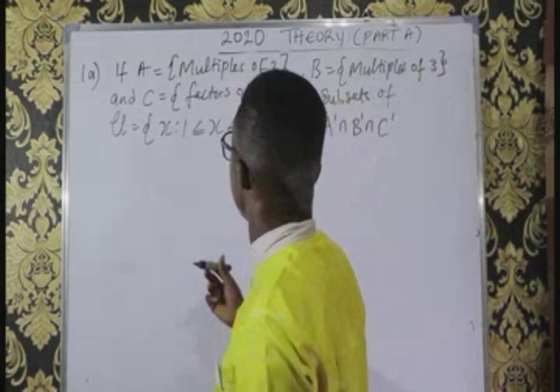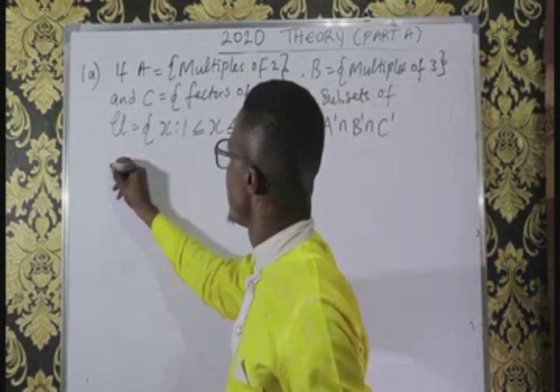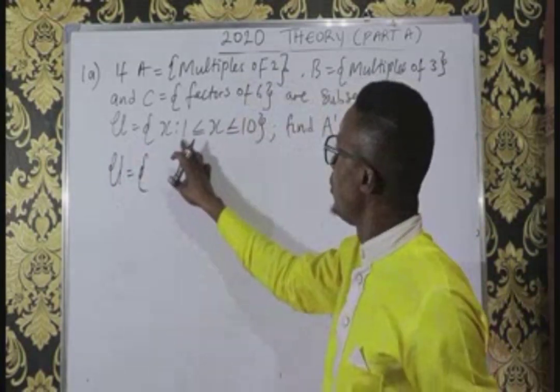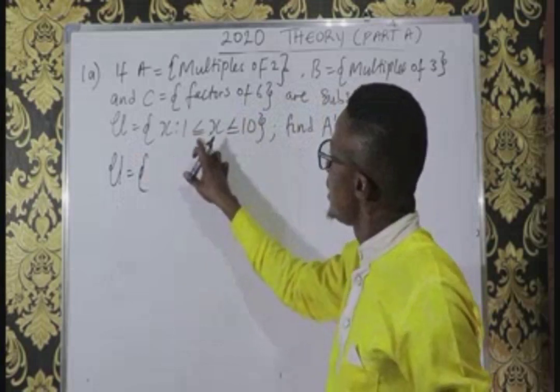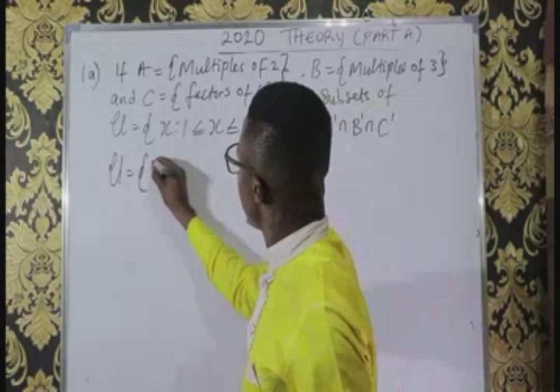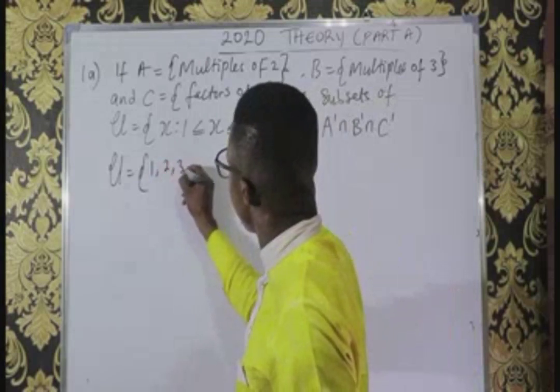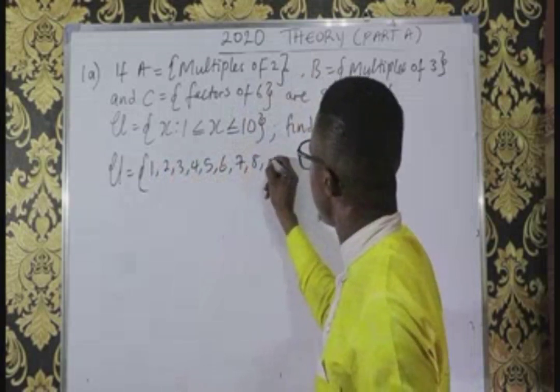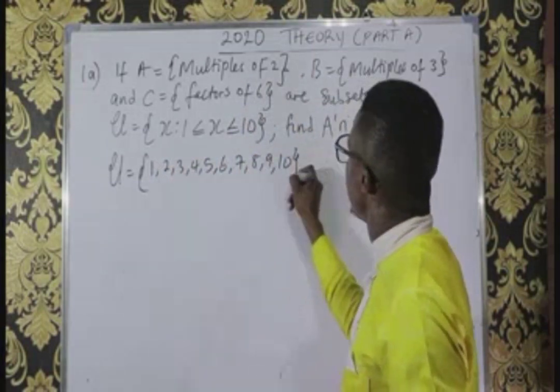To do that, first of all, let us get our universal set. Our universal set lies from 1 to 10, since it is inclusive, less than or equal to. So the universal set is just 1, 2, 3, 4, 5, 6, 7, 8, 9, and 10.